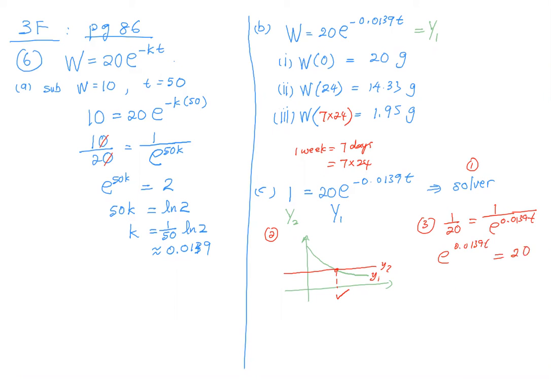So my t will be equal to ln 20 over 0.0139. Those who are good in algebra, I will prefer you do this.